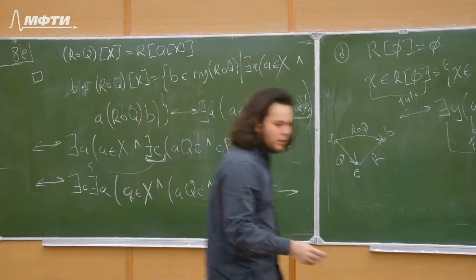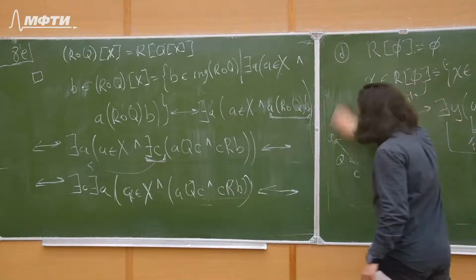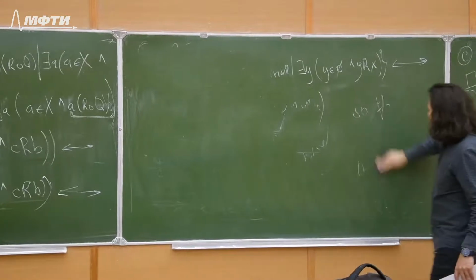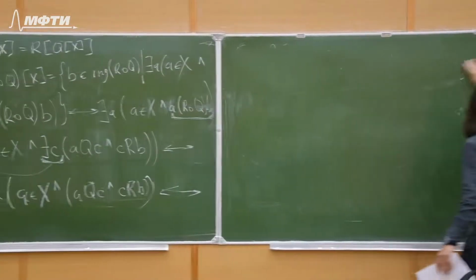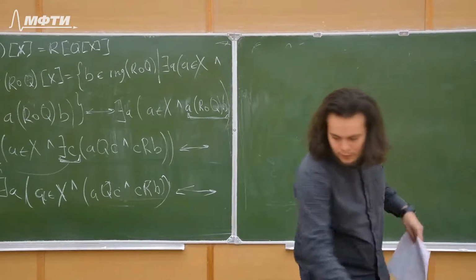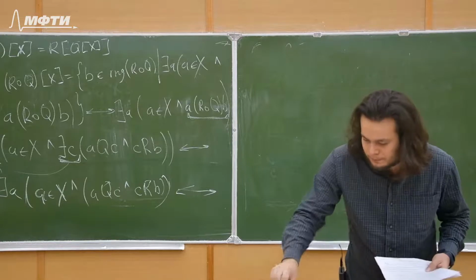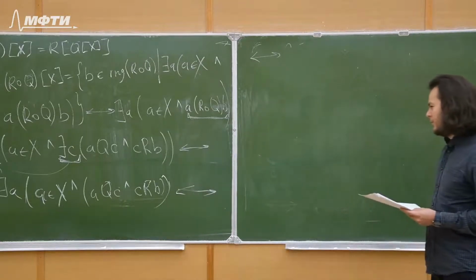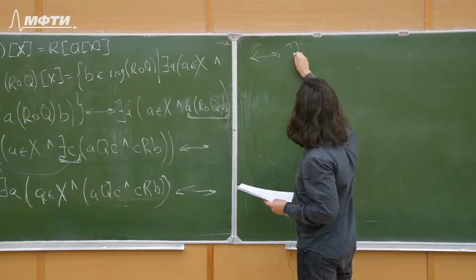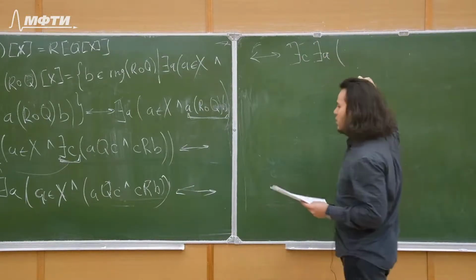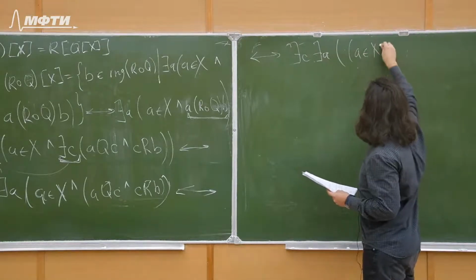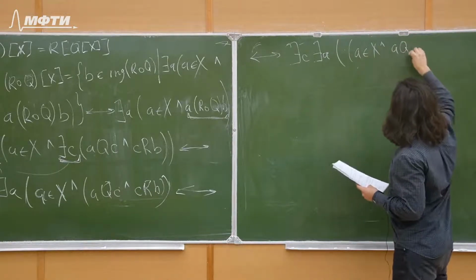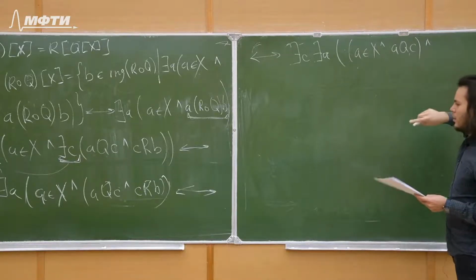Let me erase this. So if and only if there exists some C and there exists A such that A is an element of X and A Q C, and C R B.